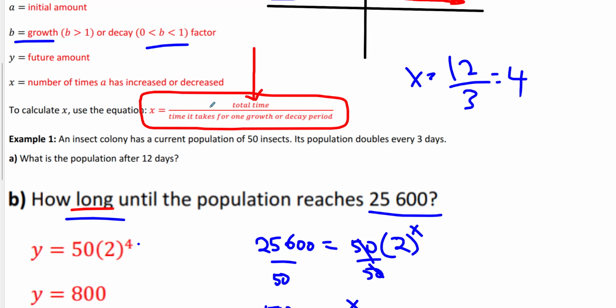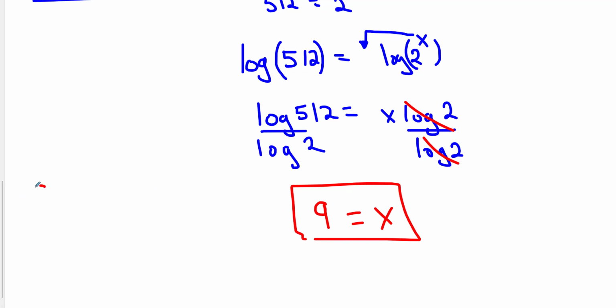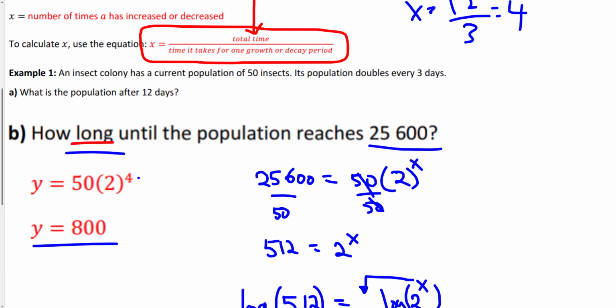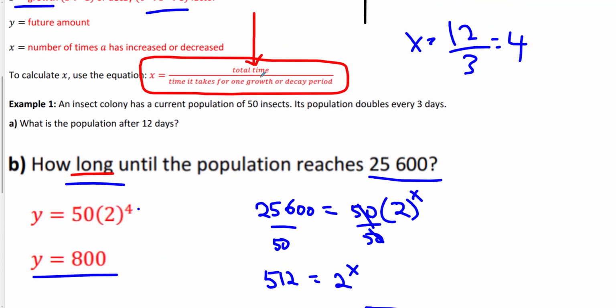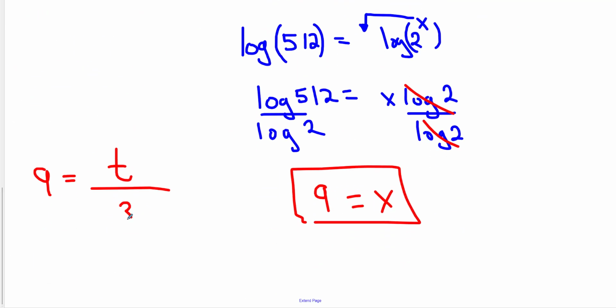See, x is equal to total time divided by the time it takes for one growth period. So since x is 9, 9 is equal to time over how long it takes for this population to double. Every 3 days. So then 3 goes here. And what is the actual value for t?